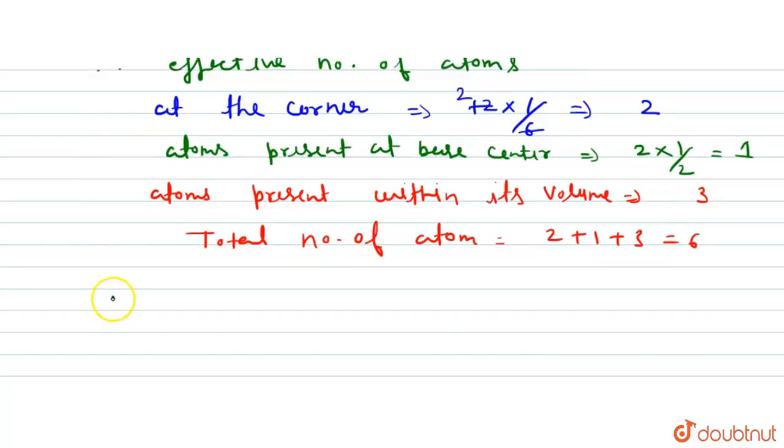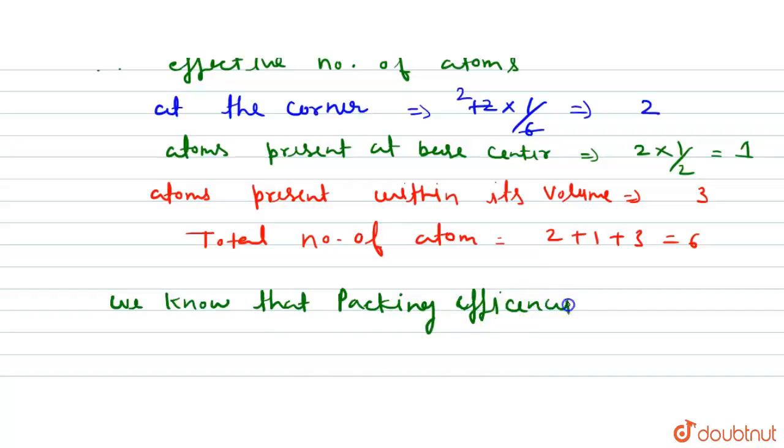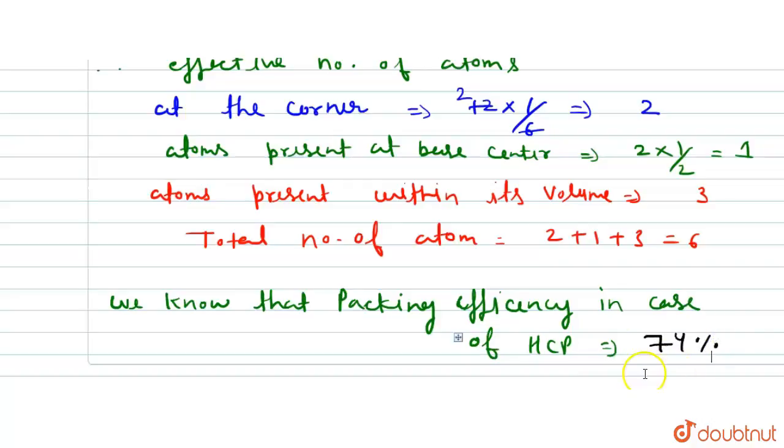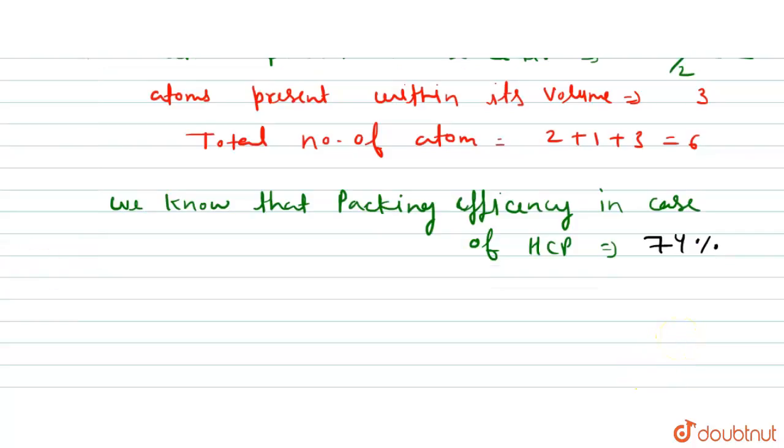As we know that packing efficiency in case of HCP crystal lattice is 74%. Now, we have to find out packing fraction. We take it in fraction.